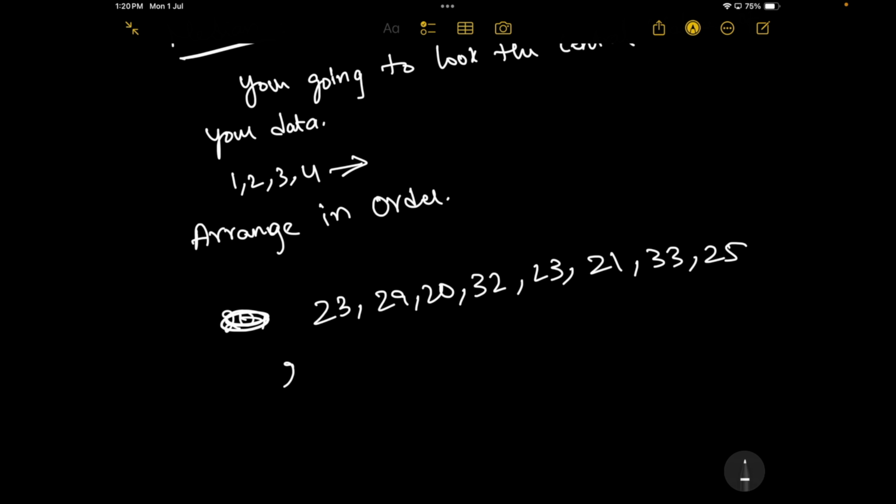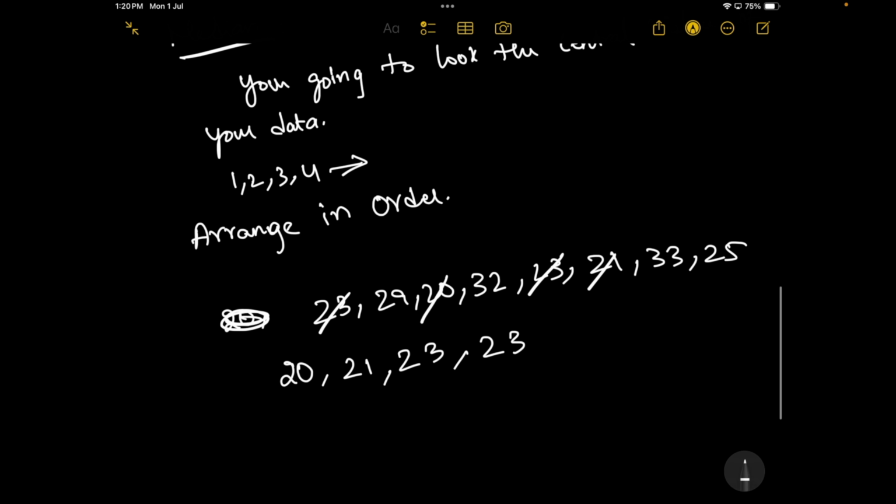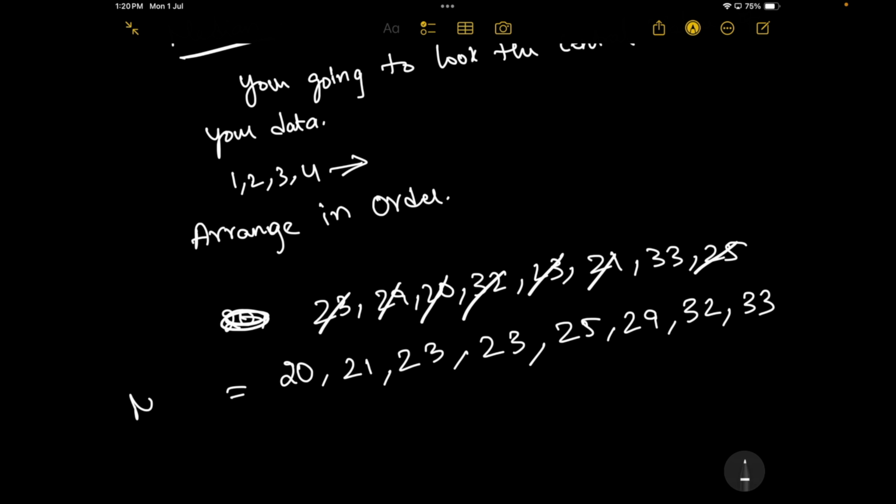Arrange that: 20, 21, then 23, 23, and then 25, 29, 32 and 33. Okay, so I arranged that in order.